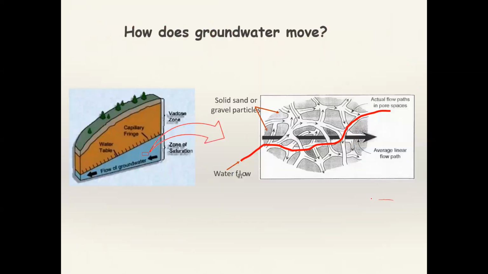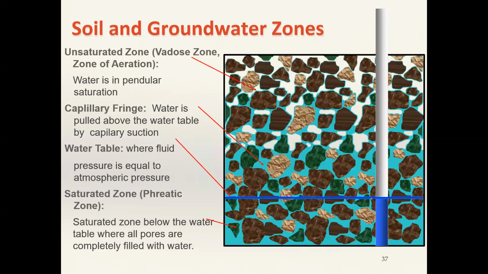Above this water table, we have the capillary layer. As I explained earlier, this capillary rise depends on the size of the particles. If it is clay, the capillary rise is higher. But if it is gravel or sand, the capillary rise is smaller.